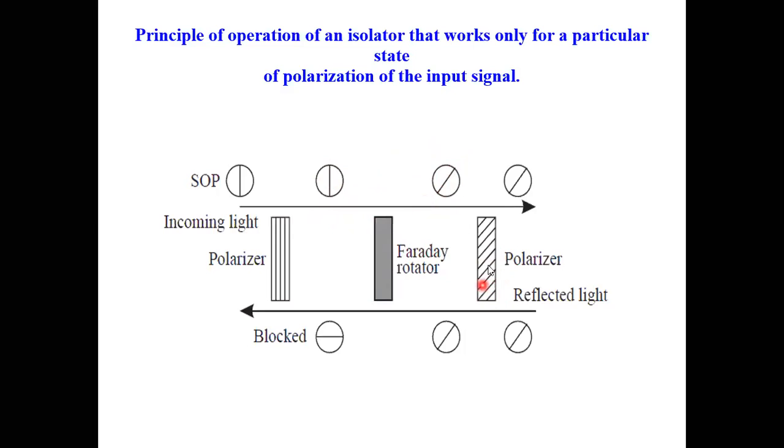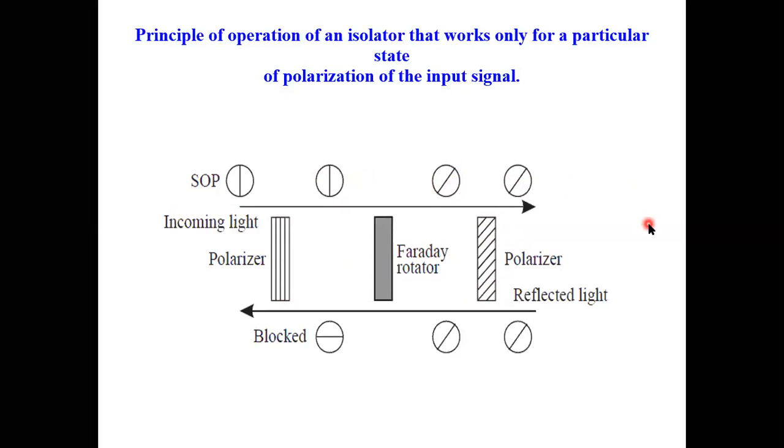Now you see how the polarizer is drawn. That's why I'm telling you to draw, so that you will understand. Here it was straight vertical, the polarized signal. Here it is exactly parallel to this. These are parallel, so 45 degree parallel lines are drawn. So this polarizer will allow the signal which is having this 45 degree angle. So that signal comes out of the polarizer, and the journey continues.